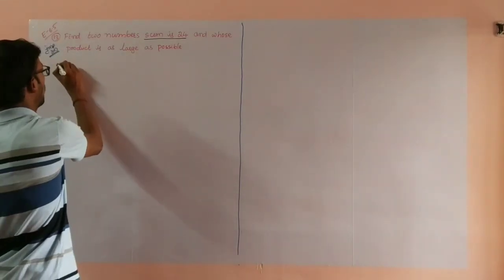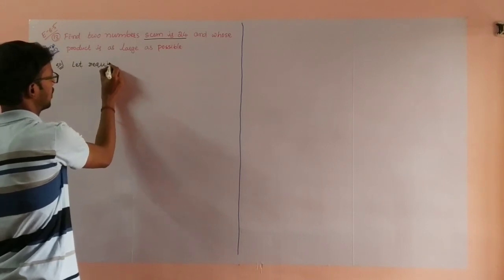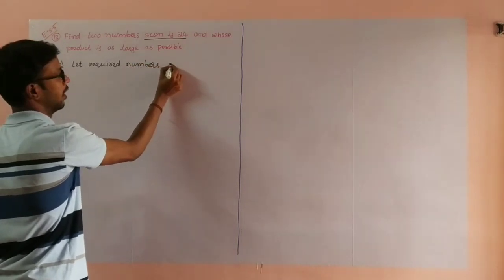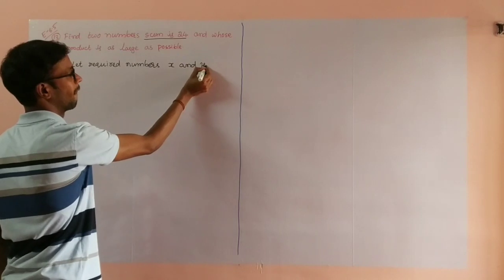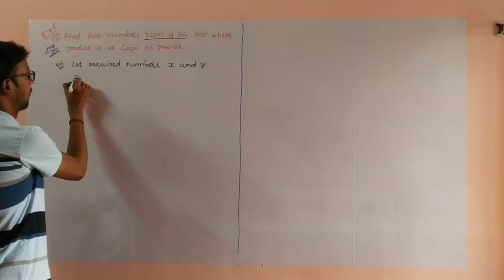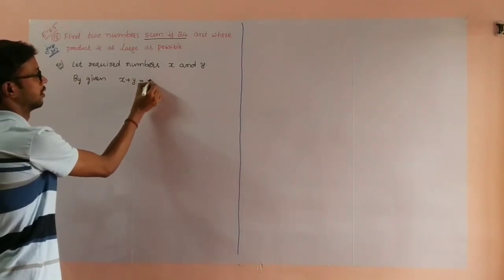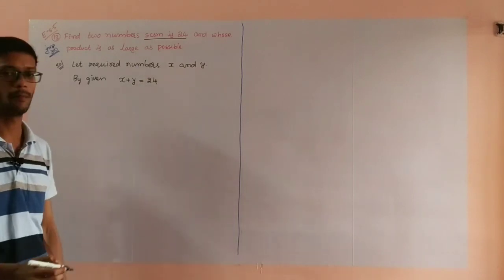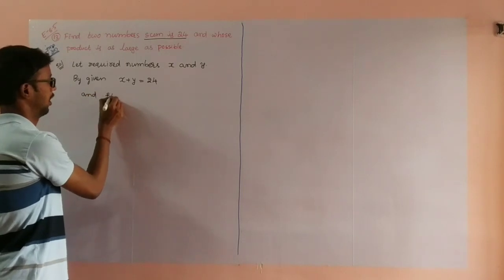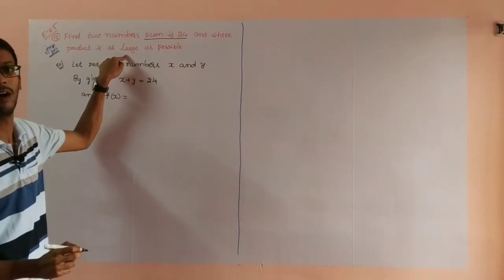First, let the required numbers be x and y. By the given condition, the sum of the numbers is 24, and the function f of x is the product, which should be maximum or larger.